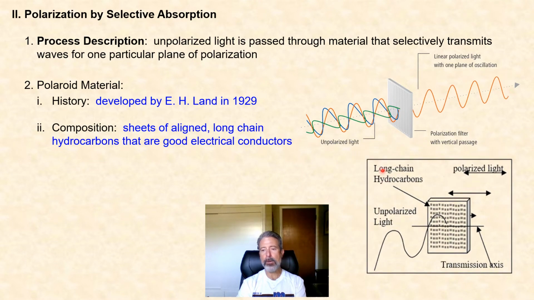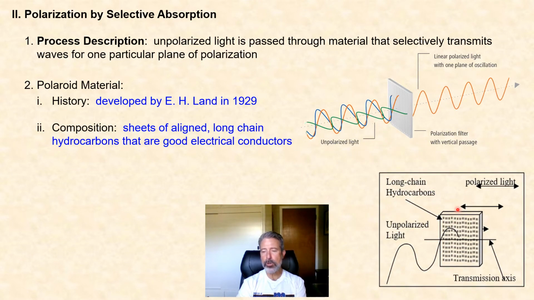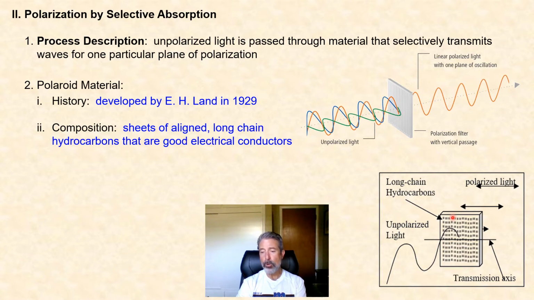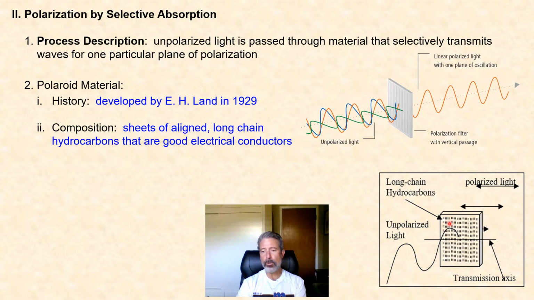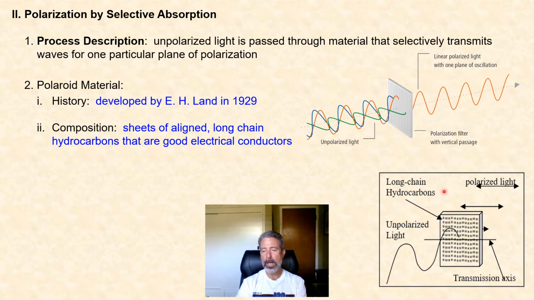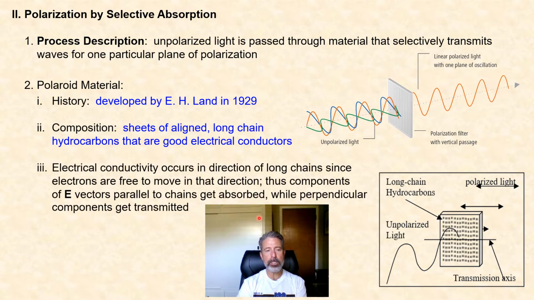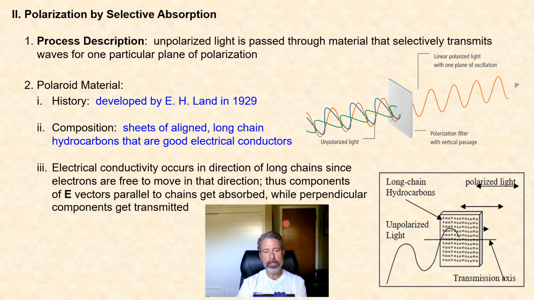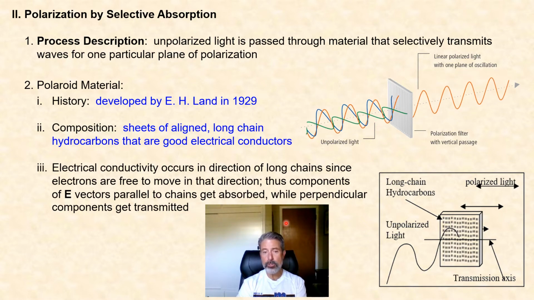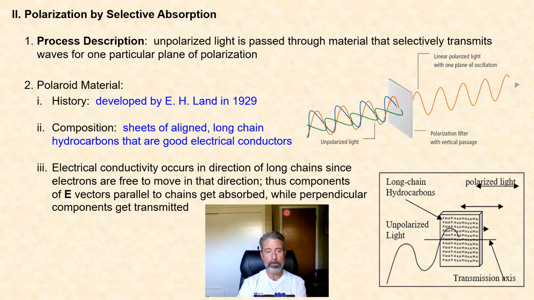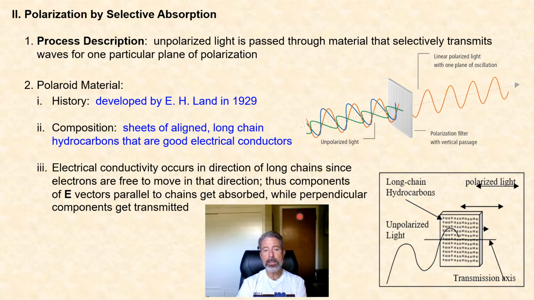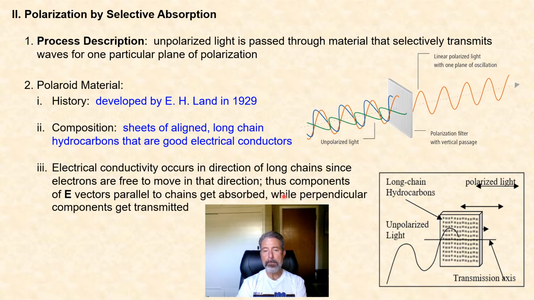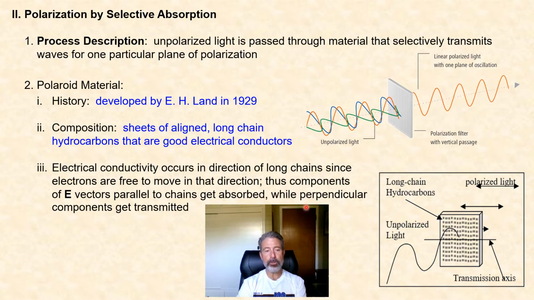In this picture I'm showing you for this piece of Polaroid material, the long chain hydrocarbons are in the vertical direction. The electrical conductivity occurs in the direction of these long chain hydrocarbons, since the electrons are free to move in that direction. So this behaves as a filter.